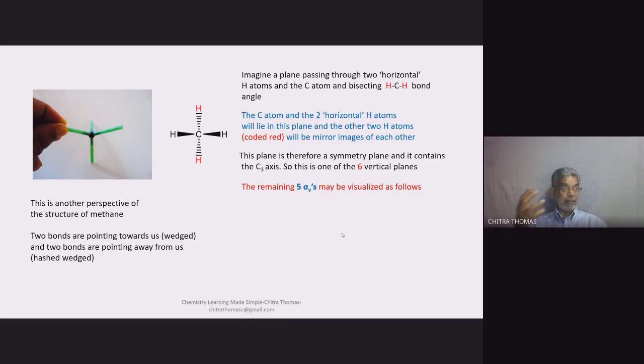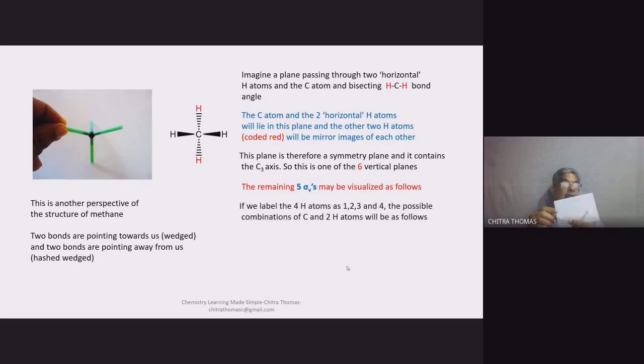The remaining 5 vertical planes may be visualized as follows. If we label the 4 hydrogen atoms 1, 2, 3, and 4, the possible combinations of carbon and the two hydrogen atoms will be as follows. Because this vertical plane contains a carbon and two hydrogens, I try the possible combinations of two hydrogen atoms and the carbon.